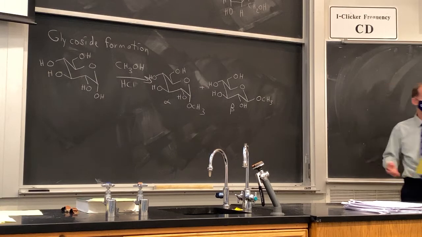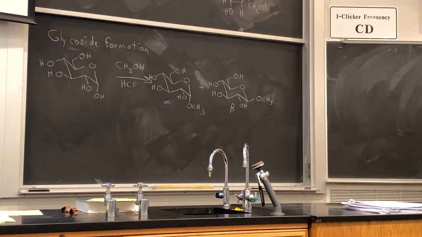Okay? All right. So we're going to draw the mechanism of this process. We'll draw it over here on our sideboard. And when we draw it, you'll see why it doesn't matter which anomer we start with, we would get a mixture of both glycoside anomers, even if we could choose a single anomer to start with. Okay?